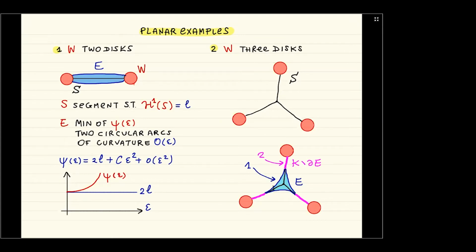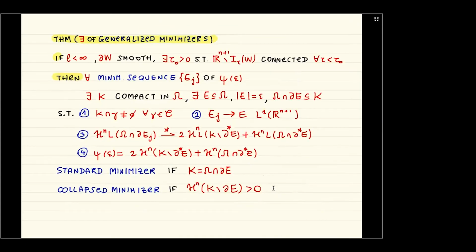So let me go back one slide and describe the convergence. In technical terms, the boundaries of this minimizing sequence will converge to the boundary of the limit set E with multiplicity 1, and with multiplicity exactly 2 to the part of this compact set outside of the boundary of E. So the total energy of the problem, the optimal energy, will be twice the area of the collapsed part plus, with multiplicity 1, the area of the limiting set.